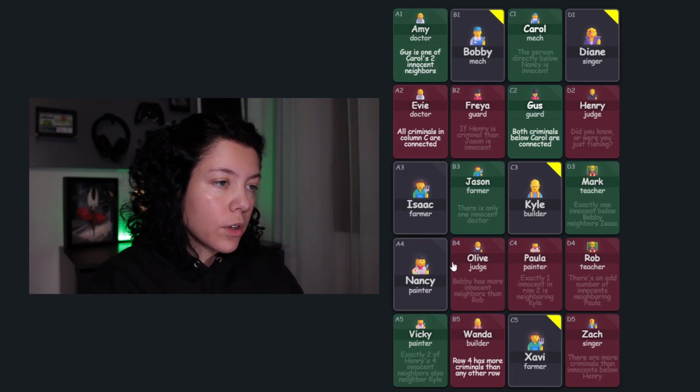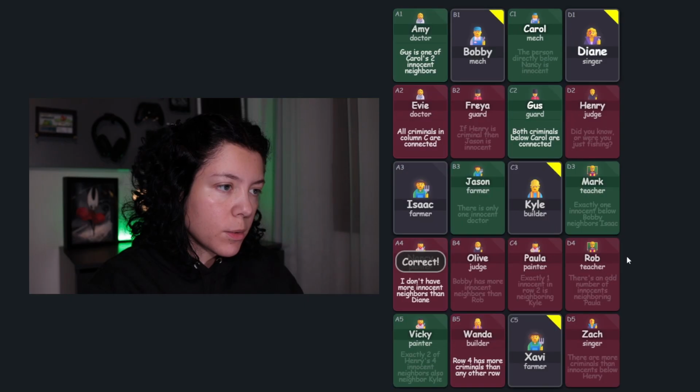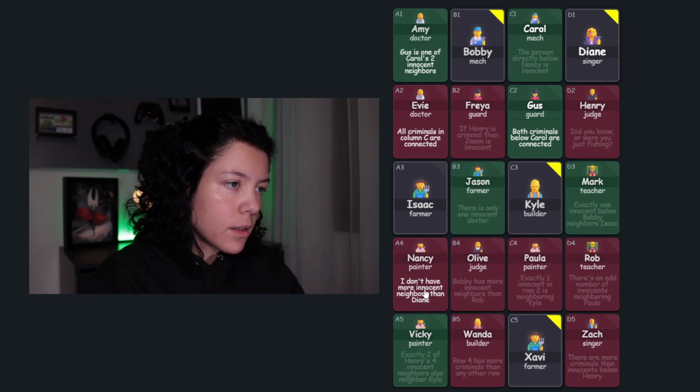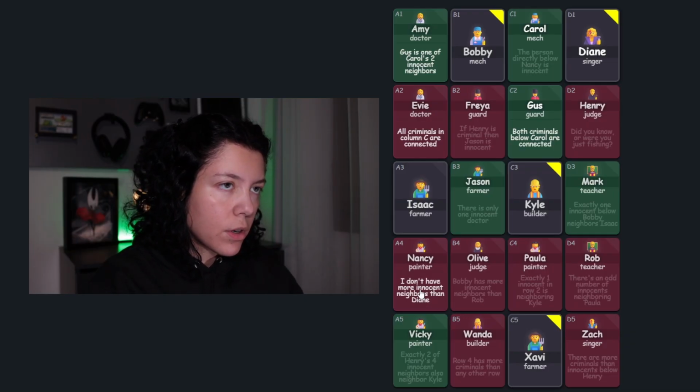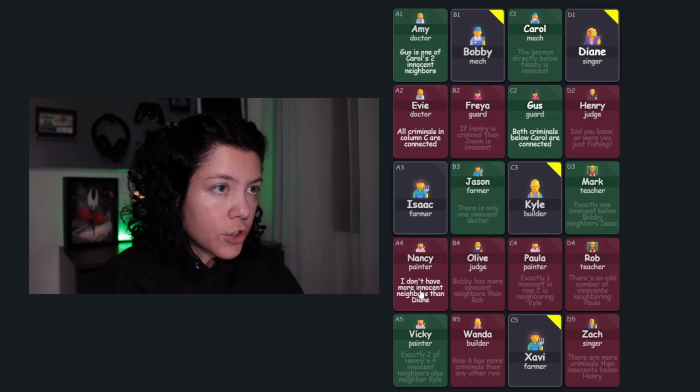So in order for row 4 to have more, Nancy has to be a criminal too. Now Nancy tells us that she doesn't have more innocent neighbors than Diane, which means she has fewer innocent neighbors than Diane, or the same number. Which she does. She has 2 innocent neighbors already, and Diane has 2 too. So Isaac has to be a criminal.